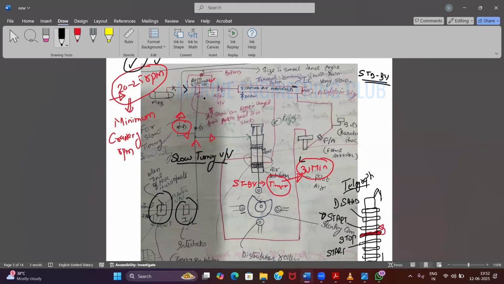The same 30 bar will flow from it, because right now this solenoid valve is not active, so the auto starting valve will not activate. No air will go from this part. Agreed? So air is going to go from this line, which is smaller in diameter. Follow? The same 30 bar is going here, but the mass of air will be very less, or the quantity of air will be less.